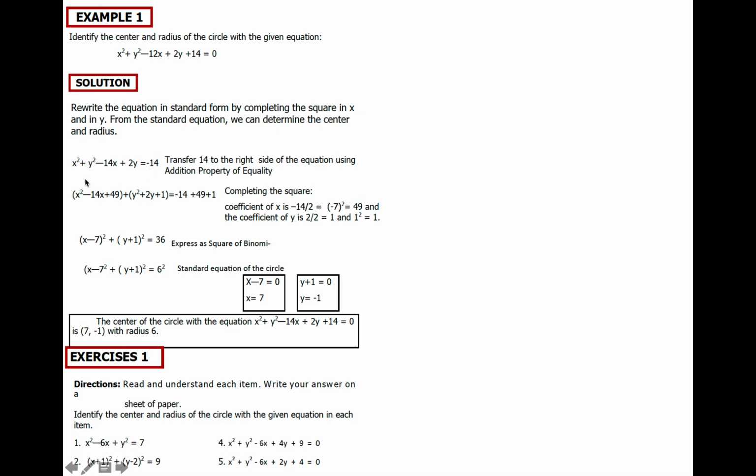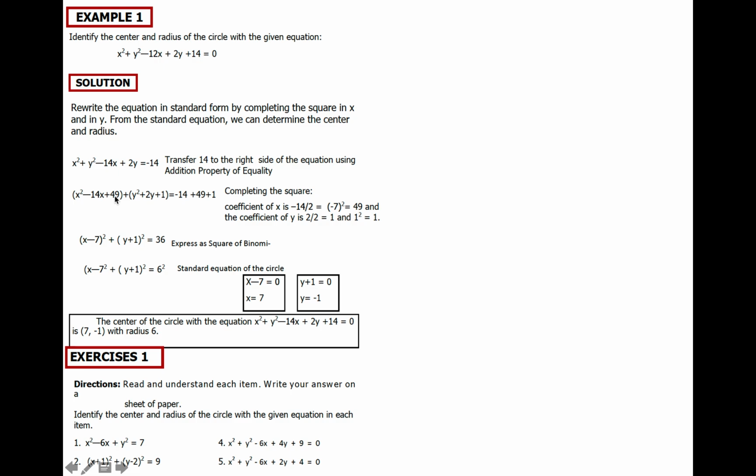So we have x squared minus 14x, you get this, and then complete the square, you get 49. Y squared plus 2y, complete the square: 2 divided by 2 is 1, 1 squared is 1, so y squared plus 2y plus 1. All right, so both terms now are complete.